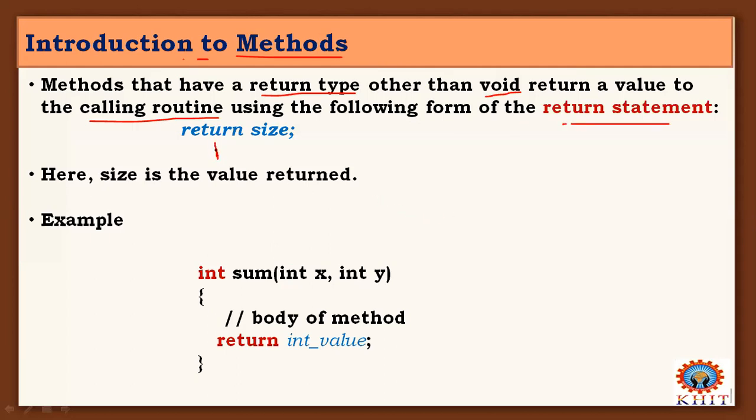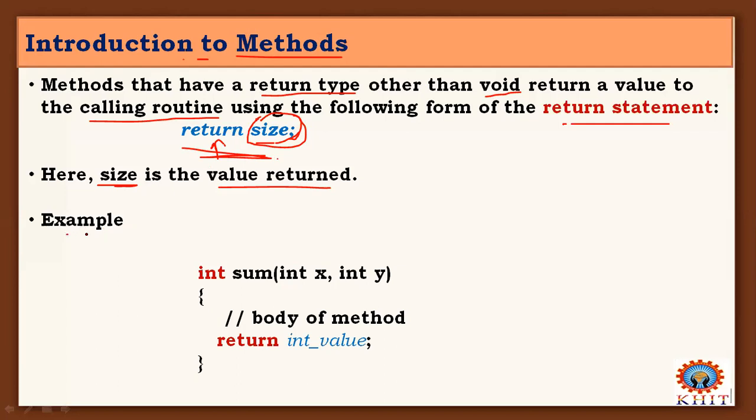Return is a keyword followed by some value or a variable, and this return statement simply returns the value of this variable to the calling routine. Whoever calls this method receives the value returned by the return statement. In this example, size is a variable which holds some value, and that value is returned by this method.